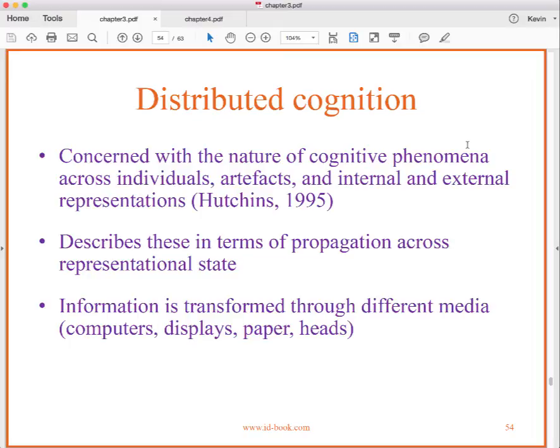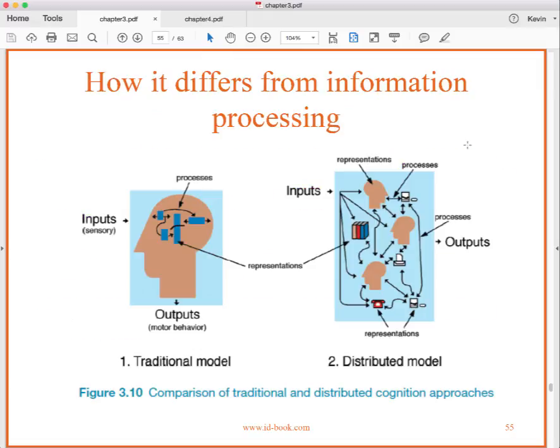Okay, so here on slide 55, we have a really cool illustration. If we look on the left side under number 1, the traditional model, it's all pretty simple. We have inputs.